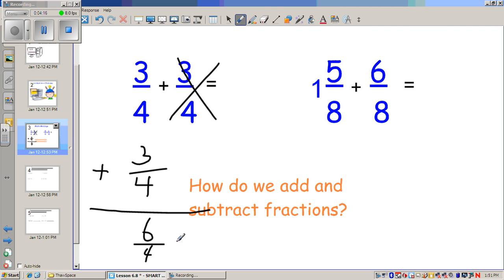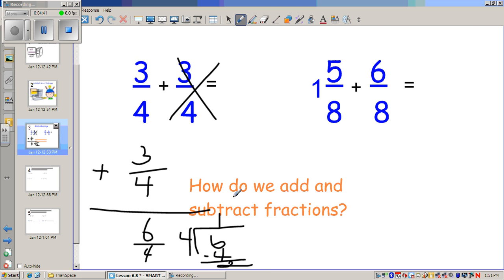So we have to divide 4 into 6. 4 goes into 6 one time, and I put my 1 up. And I subtract my 4, and I would end up with a remainder of 2. Hopefully you know that. And I have 2 down here.